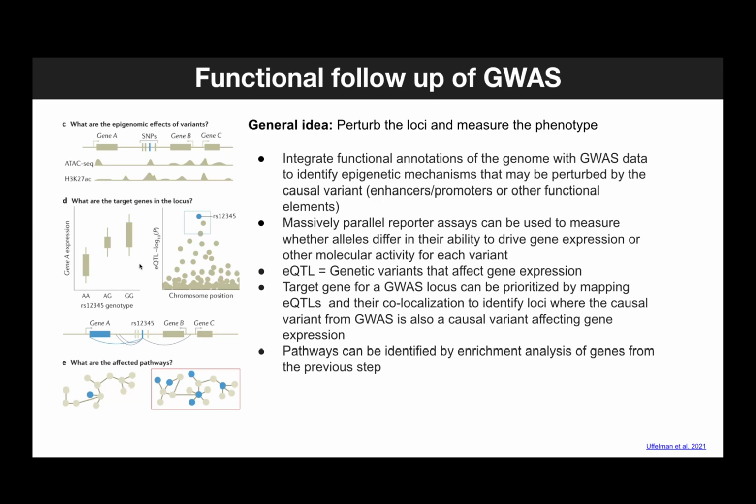Once you do this kind of experiment, you can identify, for example, if this particular mutation is changing gene A, gene B and gene C, what function these genes are associated with. So in a way, you get information about the pathway that a particular mutation is going to be associated with.